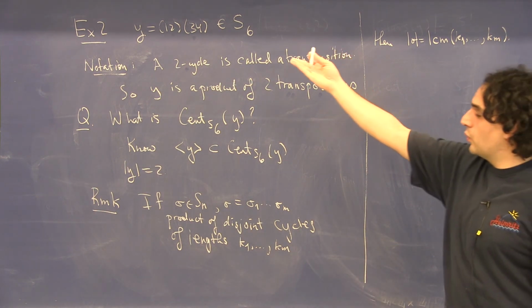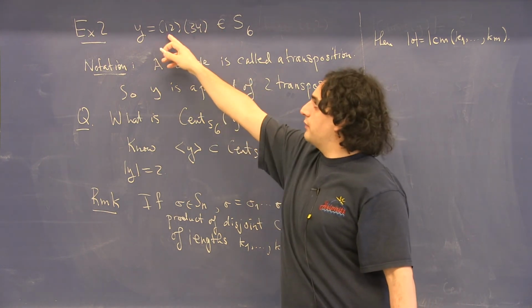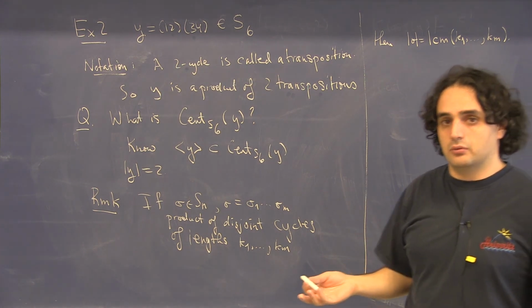In our case, y is a product of two transpositions, so we have k1 and k2 both equal to 2. The least common multiple of 2 and 2 is 2.